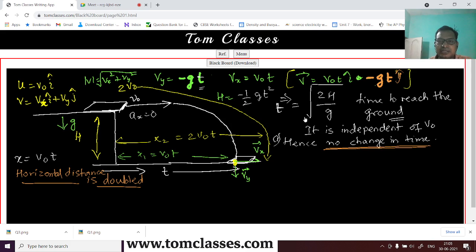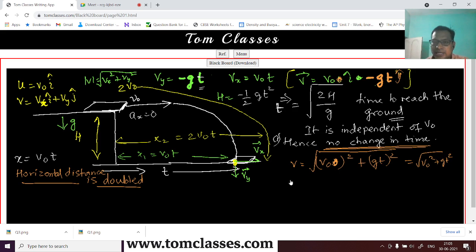And if I see the velocity, the velocity vector is going to be the square root of (v naught) square plus (gt) square. So this is v naught only, not t here. It is going to be v naught square plus gt square.